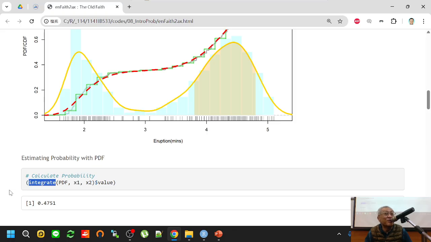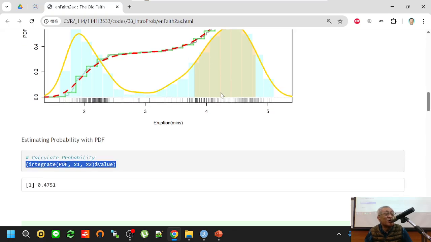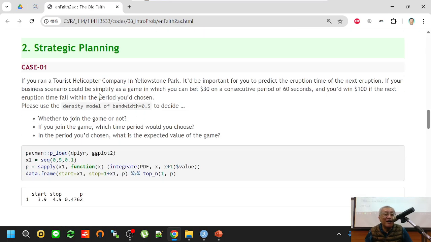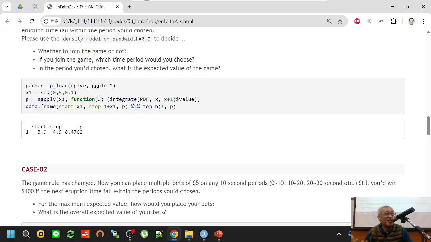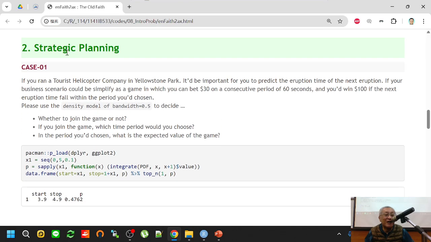Okay, do you still remember calculus? Okay, but don't worry about that, right? In R, it's simply an expression, right? Then you can calculate the probability value. Okay, so with that, we can try to use the programming way to help us do the strategic planning for case number 1, right?